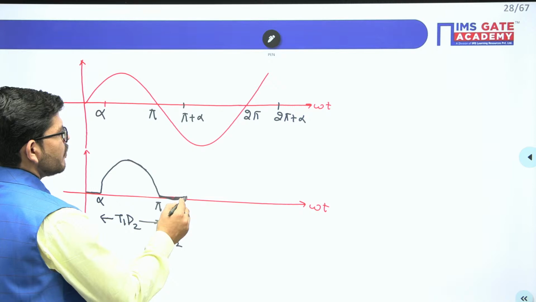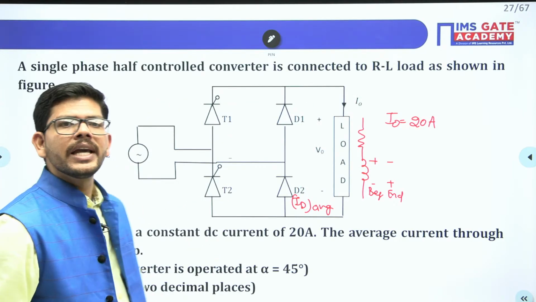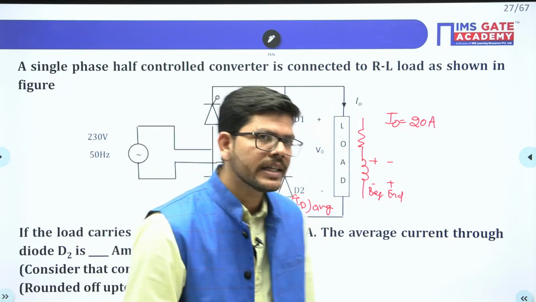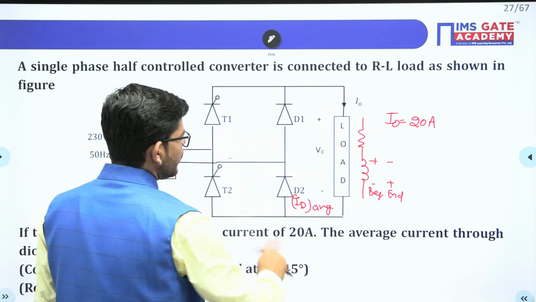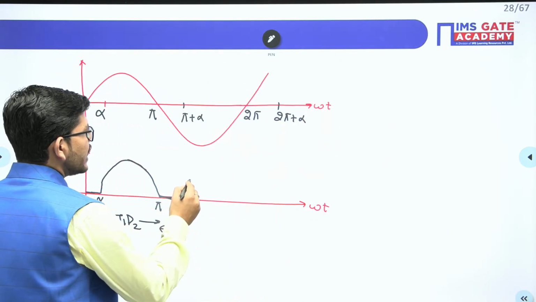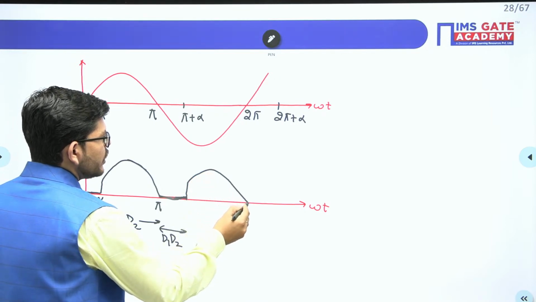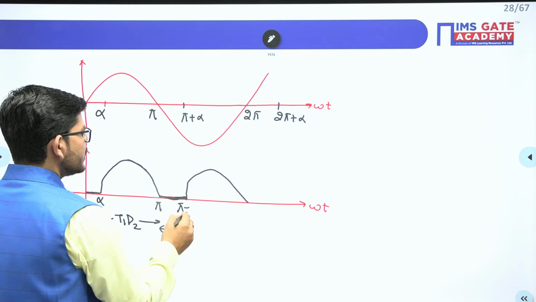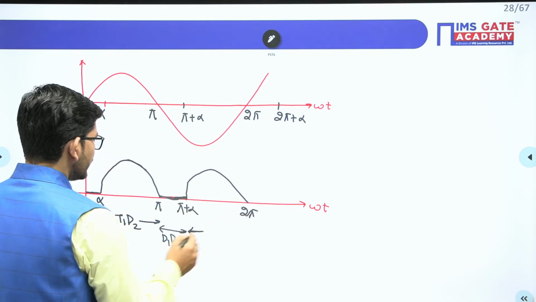Now again at pi plus alpha, the negative cycle is going on, and let's suppose the inductor has released all its energy. So during the negative cycle, T2 and D1 can be triggered, and the output voltage will again follow the input voltage up till the moment 2 pi. So from pi plus alpha to 2 pi, which switches are conducting?